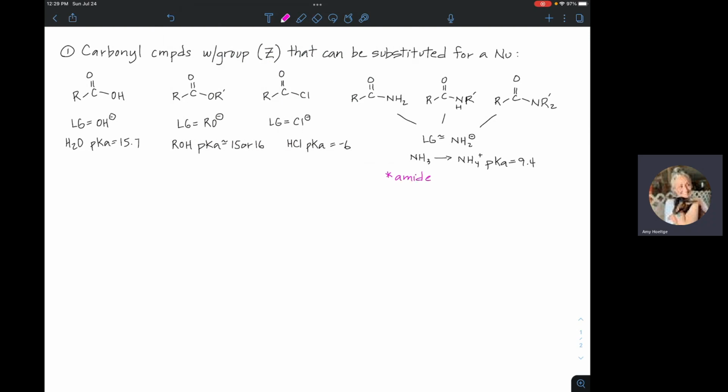And amides only will undergo substitution reactions when the amide ion is converted to ammonia.